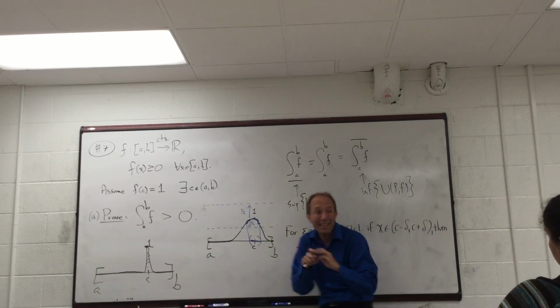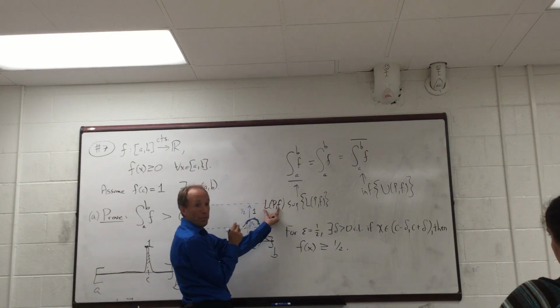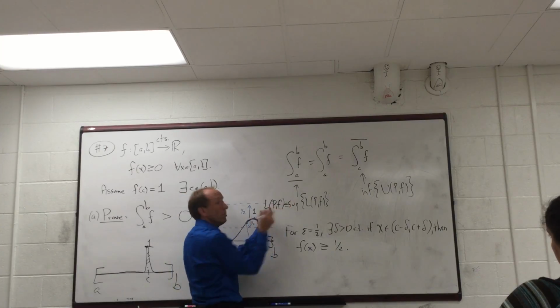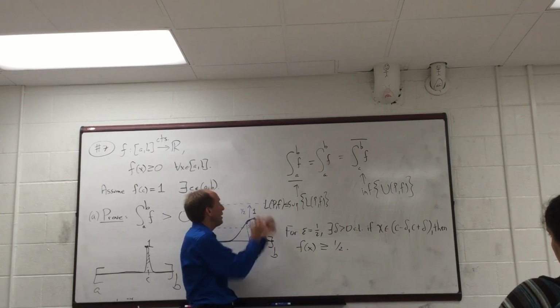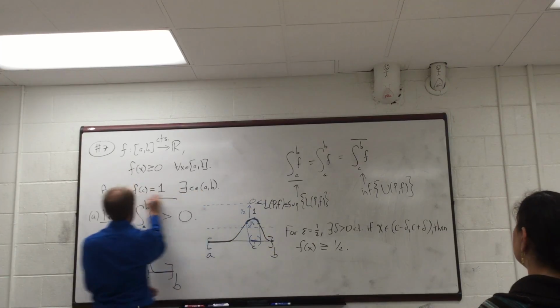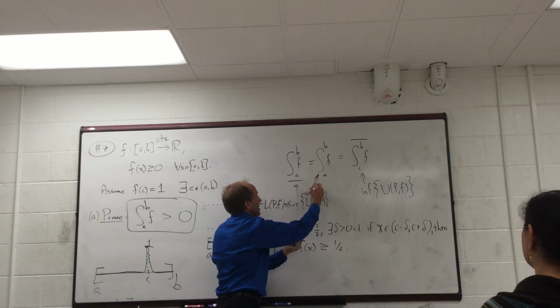All you have to do, guys, here's the thing, is find one lower sum that is positive, because the supremum of all of your lower sums will be at least that much. This is what you're trying to prove, right? And this is the same as that. These are equal.